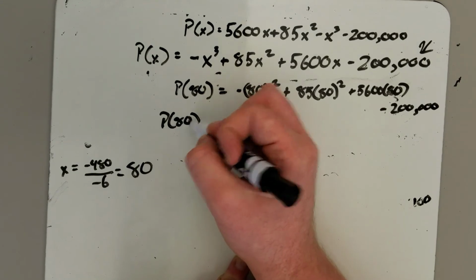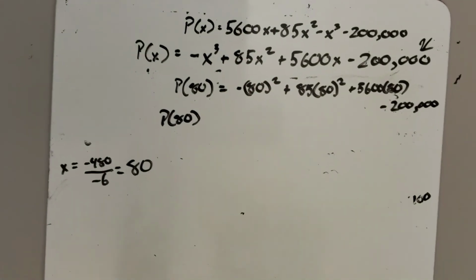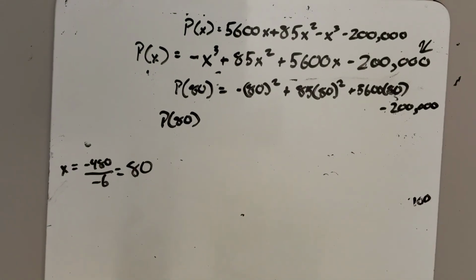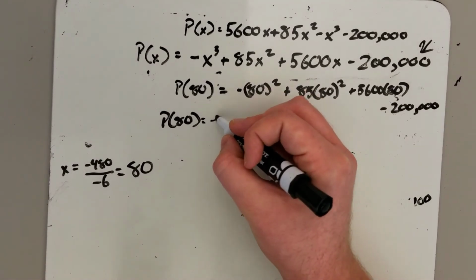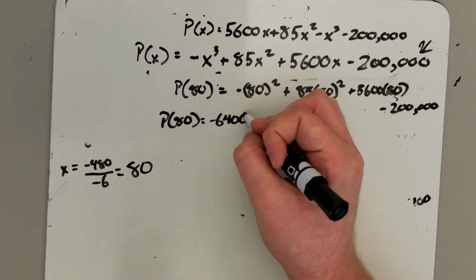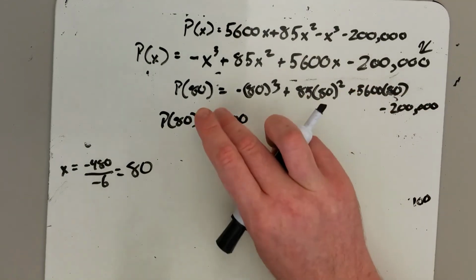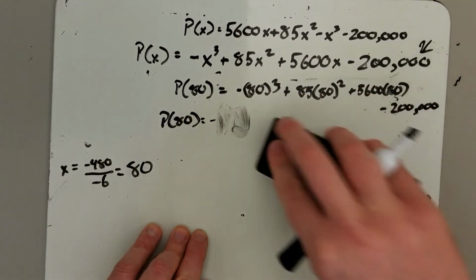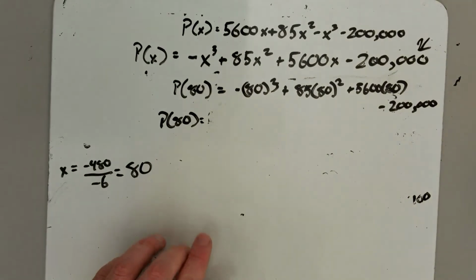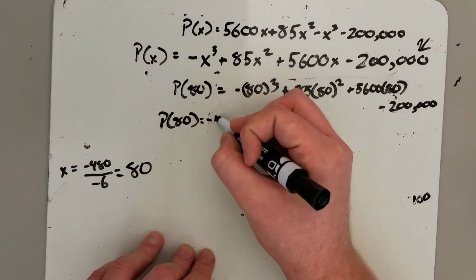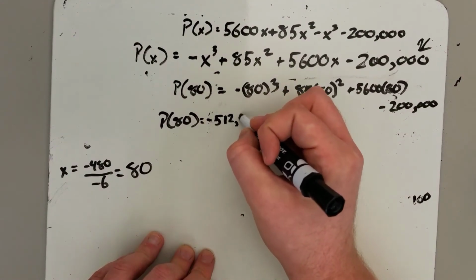Okay. So again, let's continue this. Let's break down each one. 80 to the third power, sorry, is going to be 512,000, so negative 512,000.